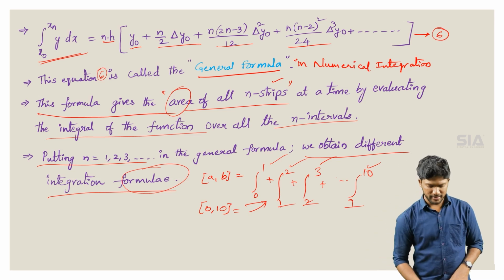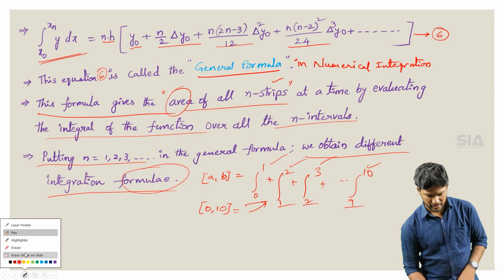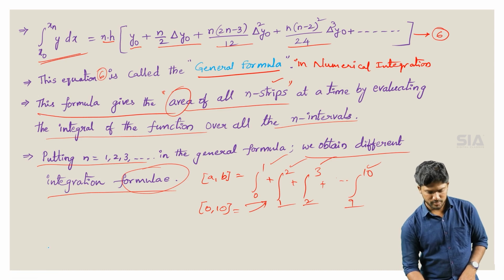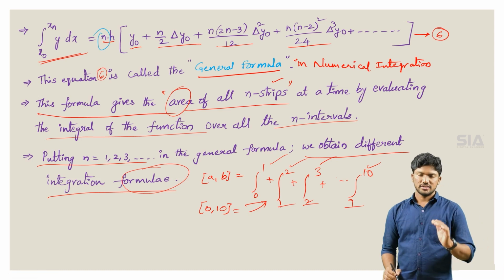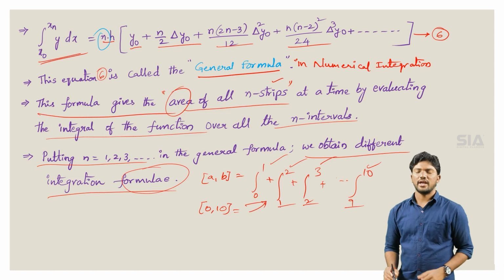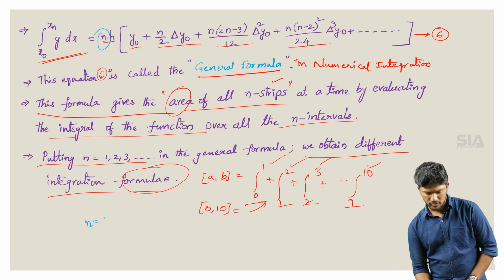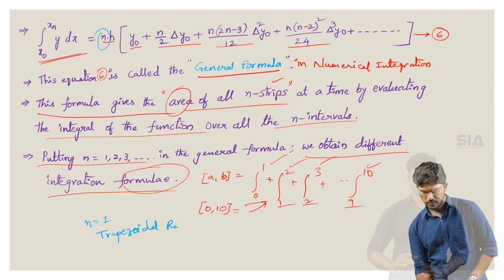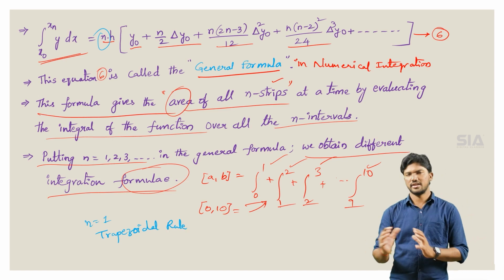Here n is in the RHS. In equation number 6 you have small n. If you substitute n is equal to 1, you will get the trapezoidal rule. You know very well, trapezium. The trapezoidal rule is our next topic.